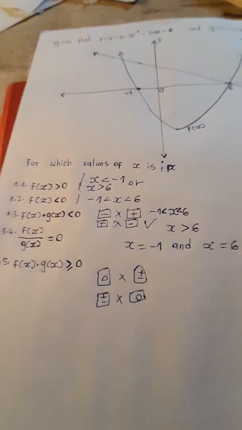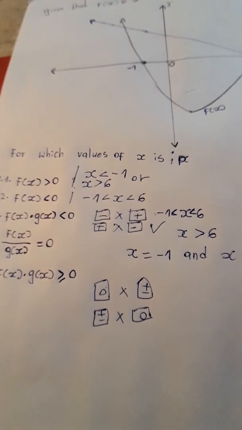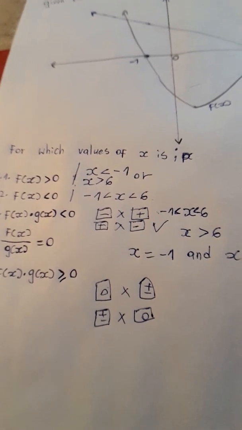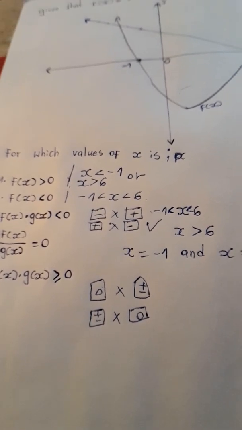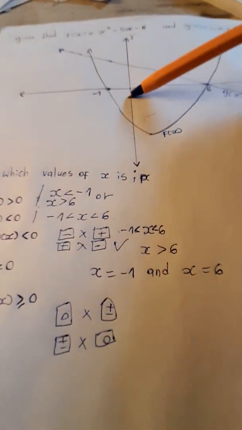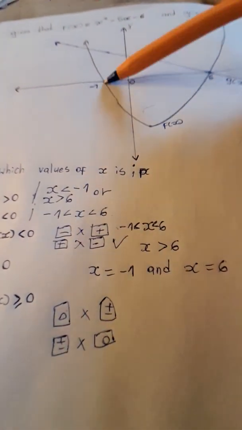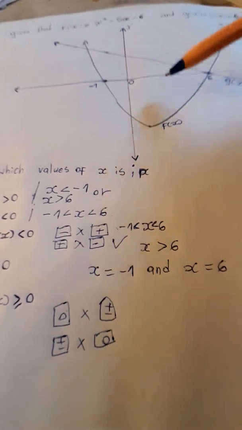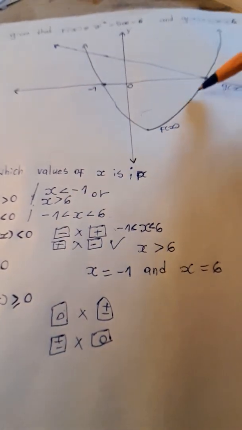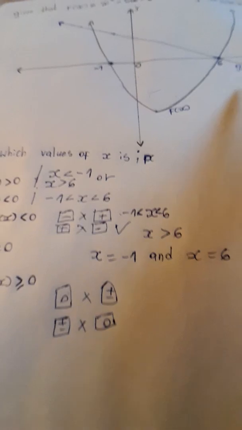We want where it is greater than 0. Okay. We want where f of x is equal to 0. Of course, that is when x is equal to 0, when x is equal to -1, or when x is equal to 6.